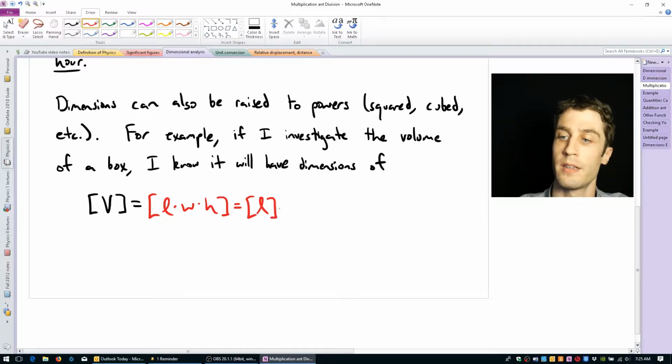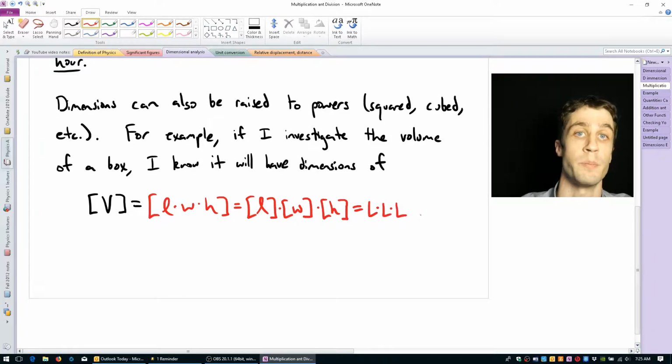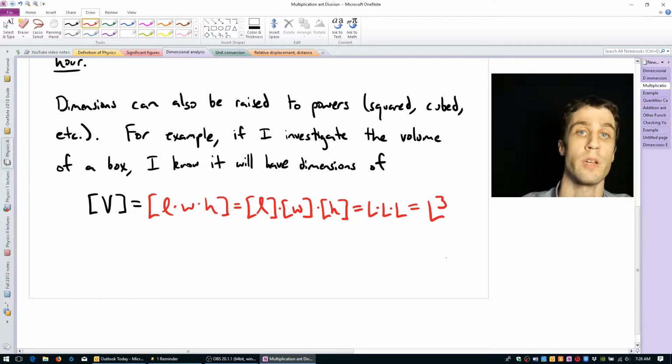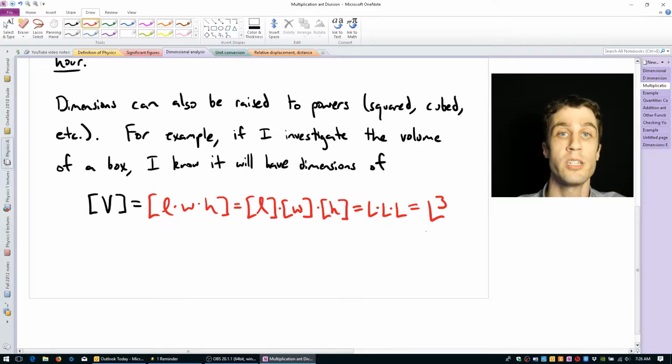Dimensions of length times dimensions of width times dimensions of height. Well, that's a length times a length times a length. Each of those would be measured with a ruler, and so they're all lengths, which is length cubed. Okay. So you might measure volume in meters cubed or centimeters cubed, feet cubed, something like that. But the point is that it's a cubed length.